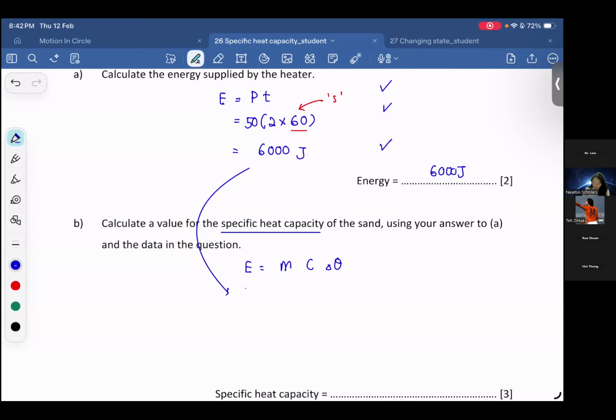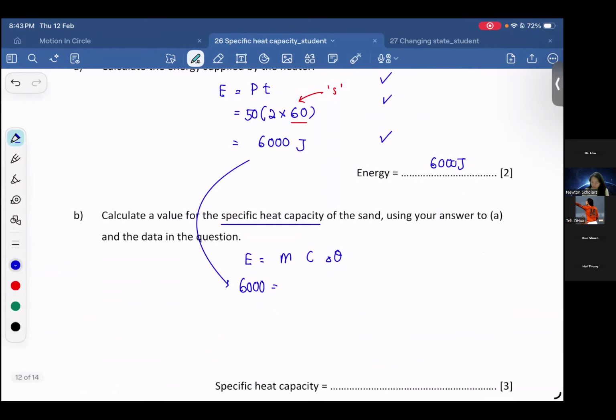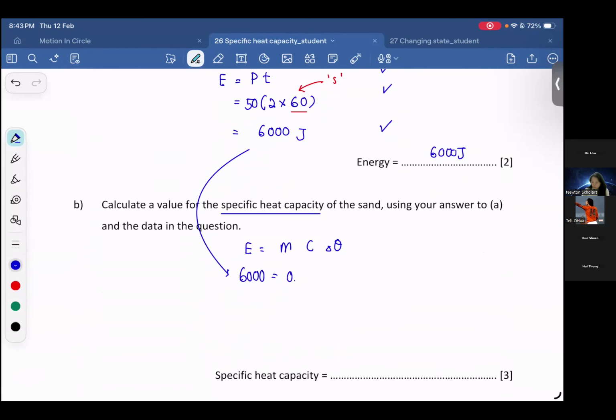So here 6,000 equals to the mass 550. 0.55, dear. 550, you should convert to become kg, 0.55. So this one should be in kg. Why I need to be in kg? Because here, joule per kg per degree Celsius. We write the answer in joule per kg.